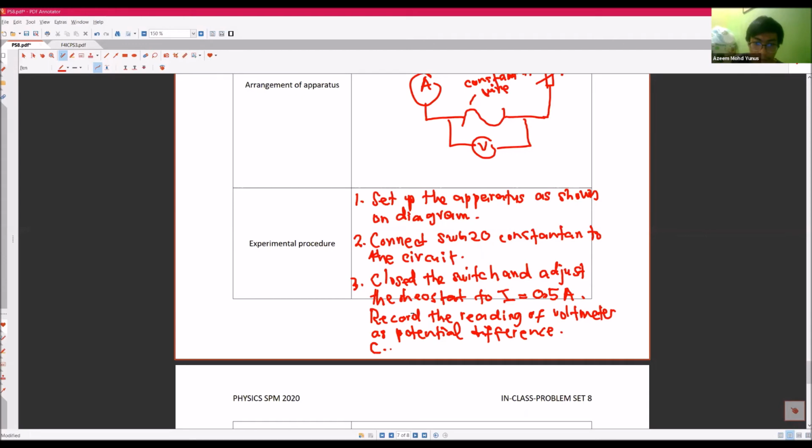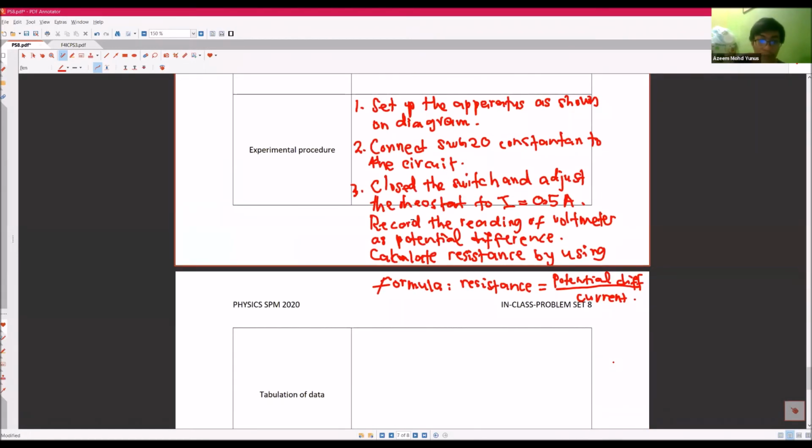So the final sentence here before repeat, we have to calculate resistance by using formula. Resistance equal to potential difference divided by current. Okay, that is the true responding variable.